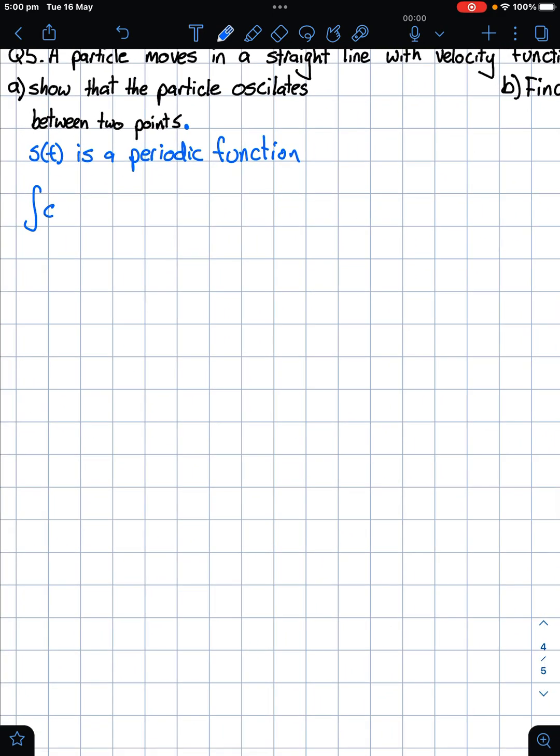So s of t equals the integral of cosine t dt. And so from this we should get that it equals sine t plus c, where c is a real number.